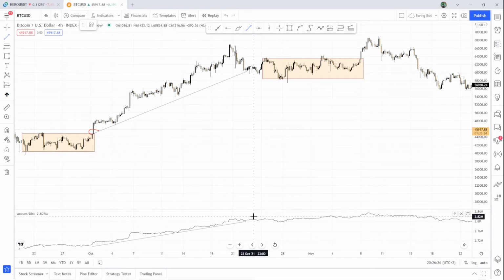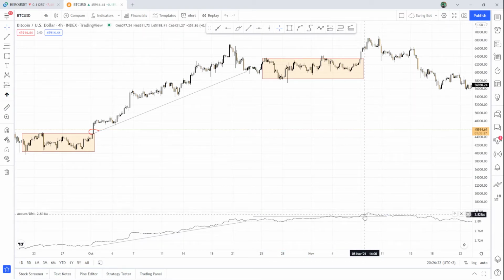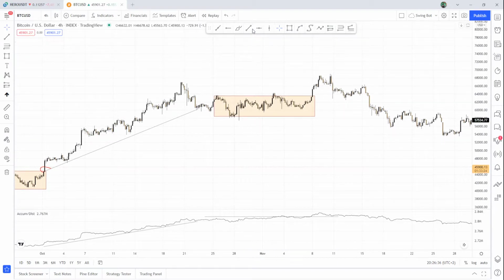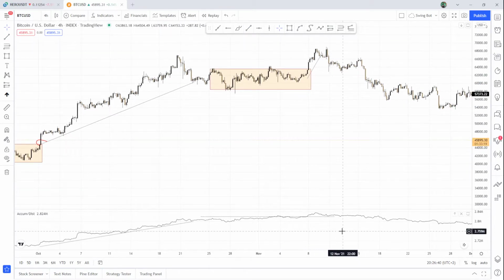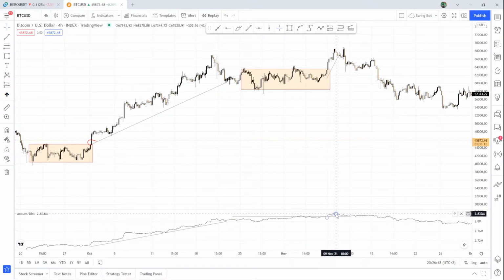So let's draw a line here, and here for example it goes up a bit. So it goes up here, and we see that here it also goes up, okay, and here it actually breaks down again.